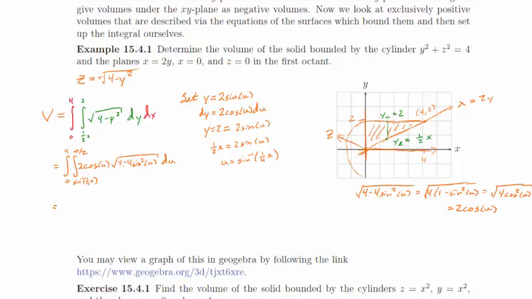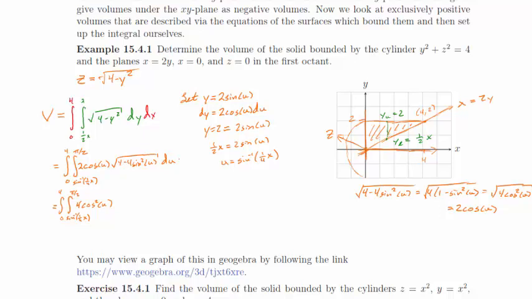So when I plug that in for my square root over here, I've got my double integral from 0 to 4, my integral from sine inverse of 1/4 x to pi over 2. And then we have 2 cosine of u times 2 cosine of u is 4 cosine squared of u.